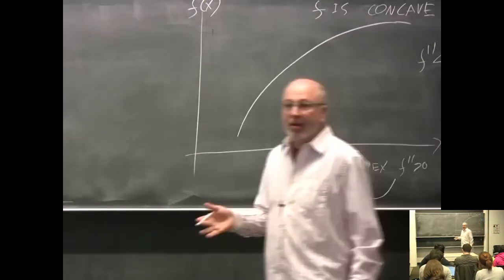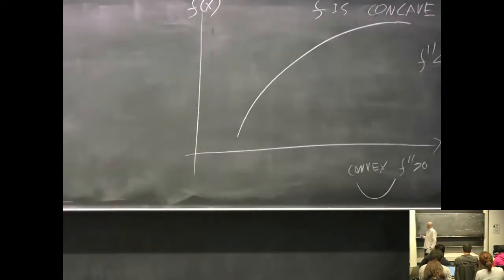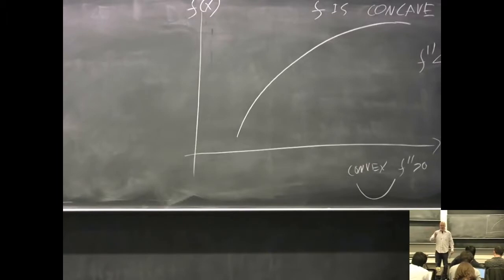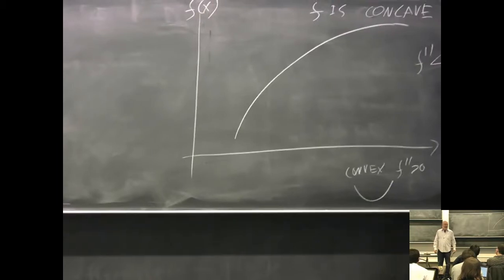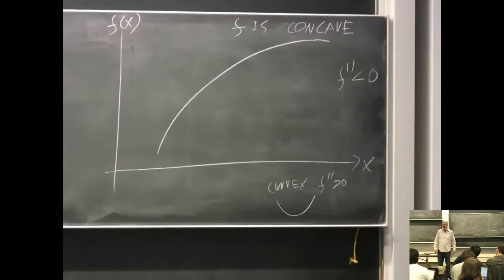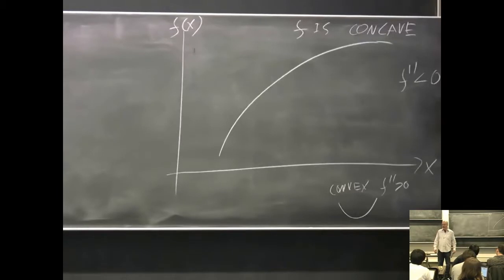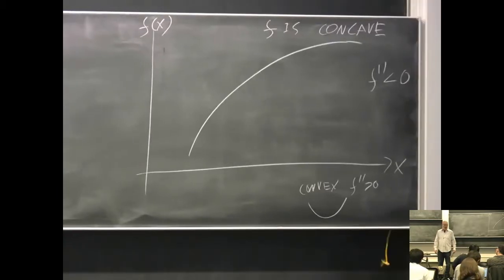Now, in higher dimensions, it may be harder to determine whether a function is concave or not. It has to do with the matrix of partial derivatives, the Jacobian, and whether that matrix is positive definite. Also, the definition of concavity and convexity exists even for functions that are not necessarily differentiable.